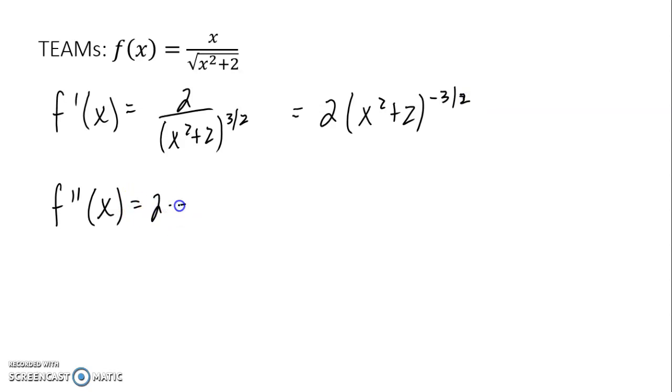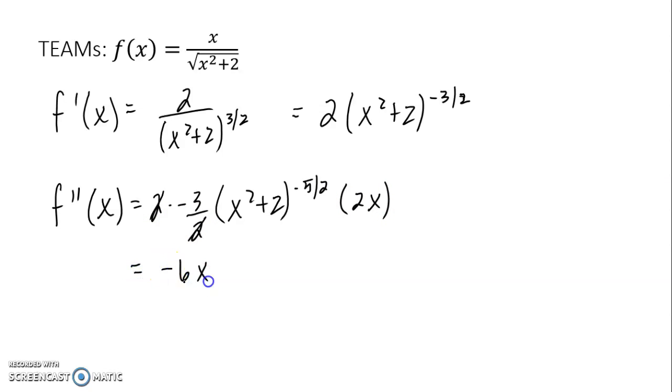So 2, bring the exponent down front, subtract 1 from the exponent, multiply by the derivative of the inside. So I got these to cancel. I have a negative 6x over x squared plus 2 to the 5 halves.